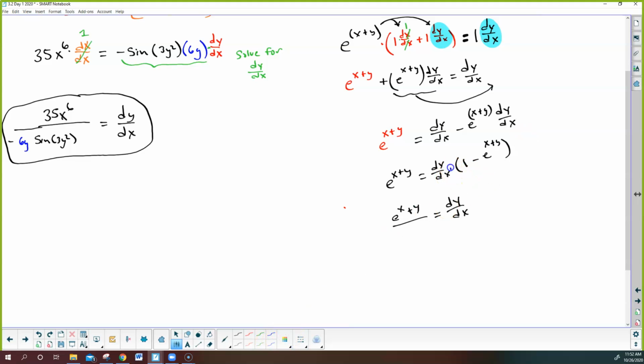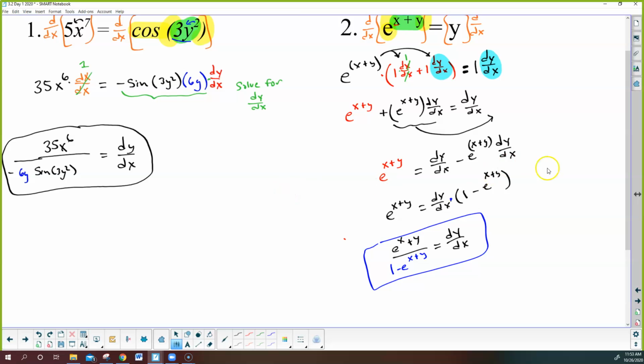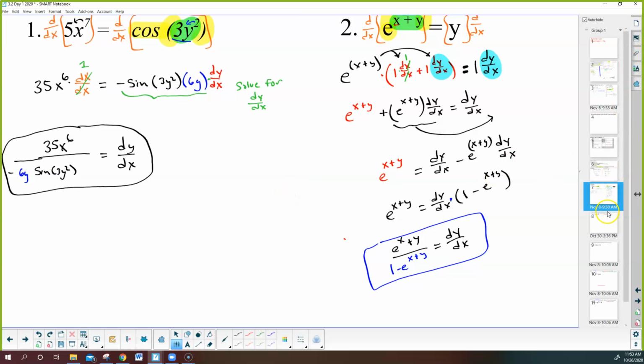So if I divide, instead of times, it moves this over to the other side. And there is the derivative. And I know you're not confident in this yet, so don't worry. Okay, just hang tight. We'll get there.